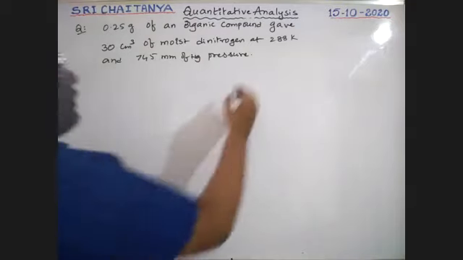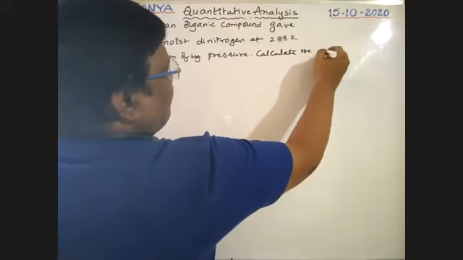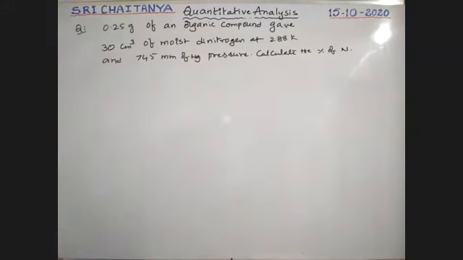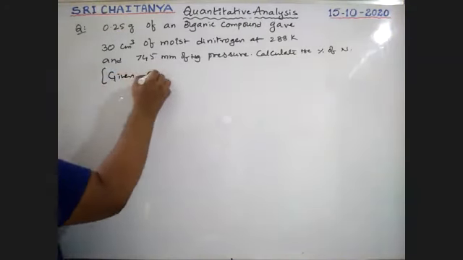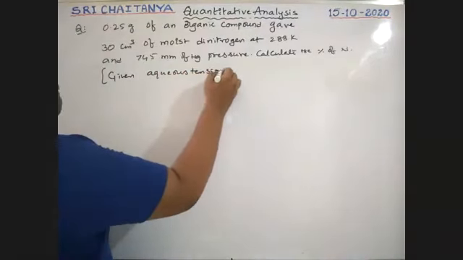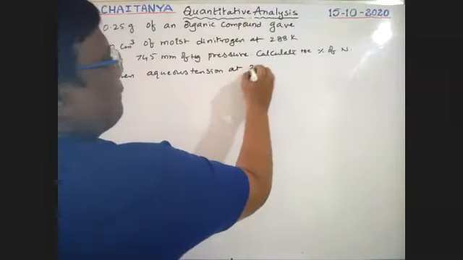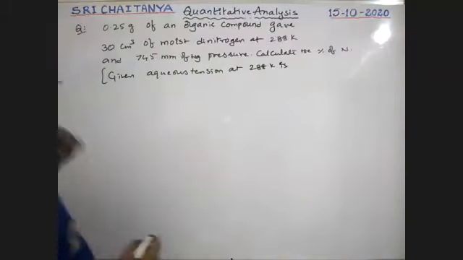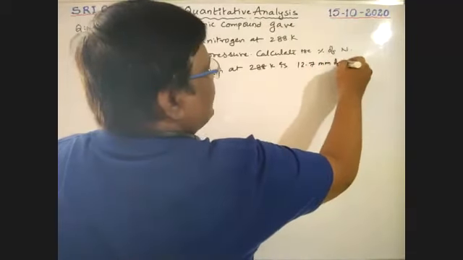Calculate the percentage of nitrogen, given aqueous tension at 288 Kelvin is 12.7 mm of Hg.